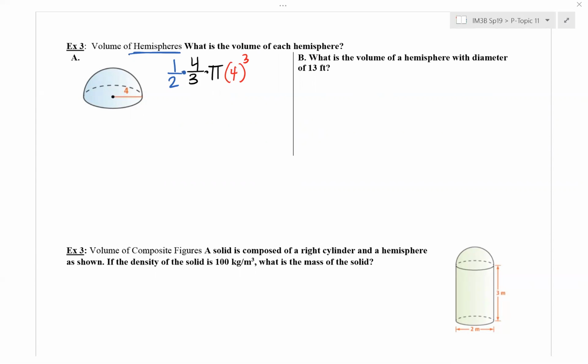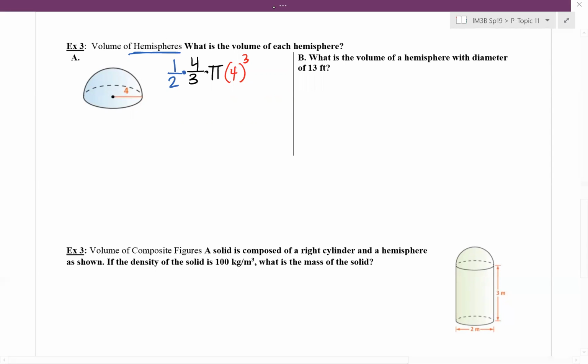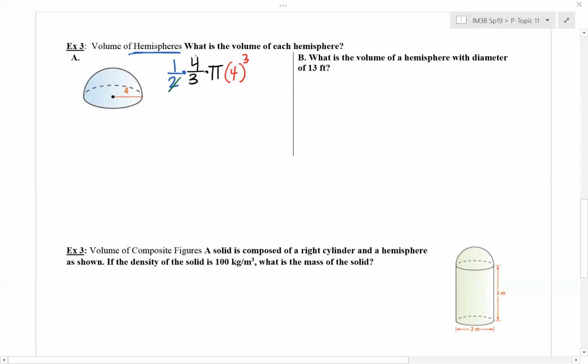So if I think about that generically, can I simplify half of 4/3? If I ignore the pi and the 4 cubed right now, I have half of 4/3. Can I reduce the 2 with the 4? And so that'll give me really a 1 times the 2/3. So I can think about this as 2/3 times pi times 4 to the 3rd power.